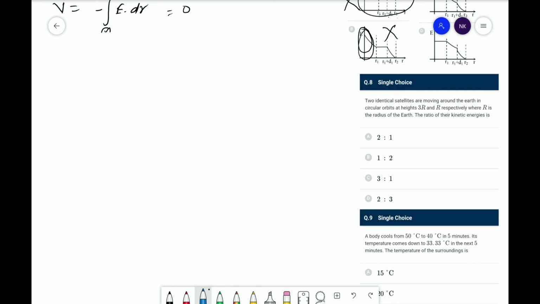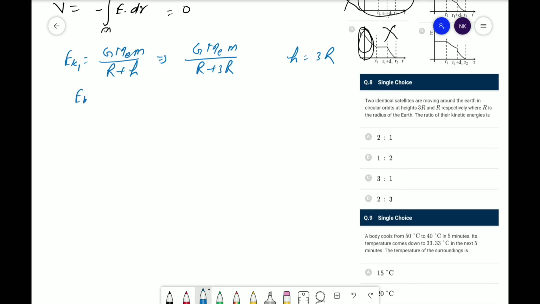Kinetic energy can be defined as GMm upon 2 times (R plus h), where R is the radius of the Earth, M is the mass of the Earth, and m is the mass of the satellite. Therefore for the first satellite, h is equal to 3r, hence R plus 3r for KE1.